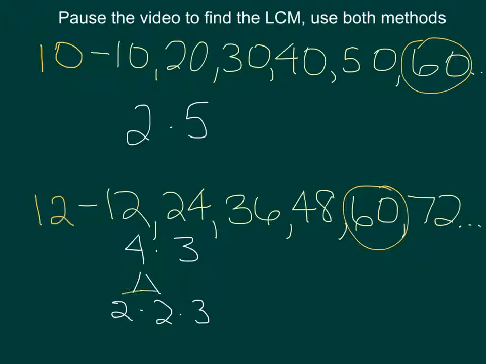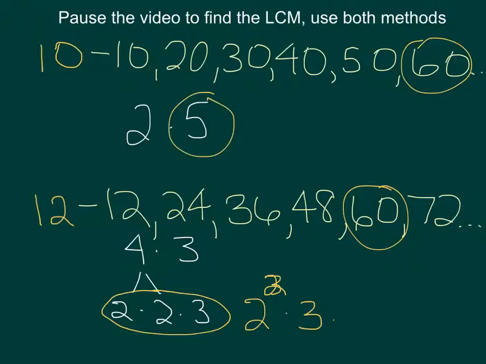Down here, we have 2 squared times 3, and then above, we have 2 times 5. Since we already used the 2 at the bottom for 2 squared, sorry, that should be 2 squared, not 2 to the third, we'll use the 5. So 2 squared is 4, times 3 times 5, which gives us 60.